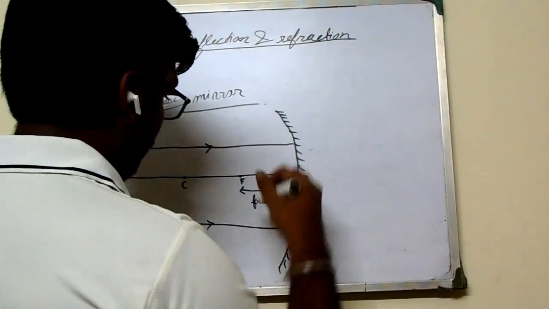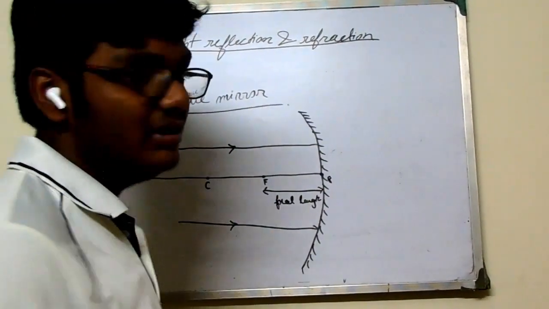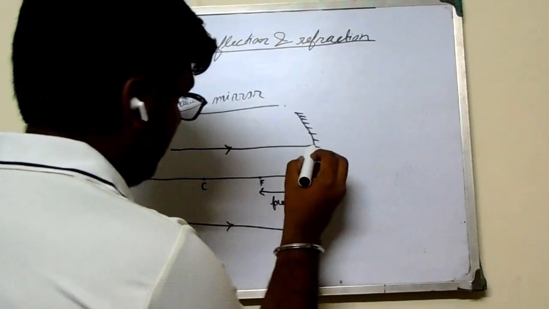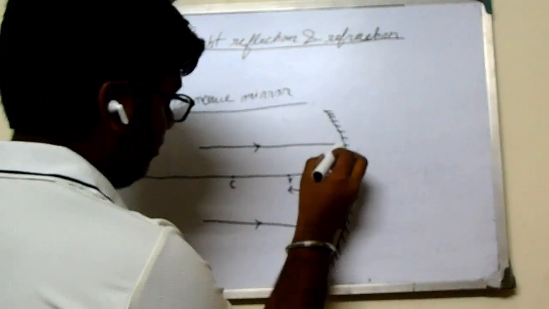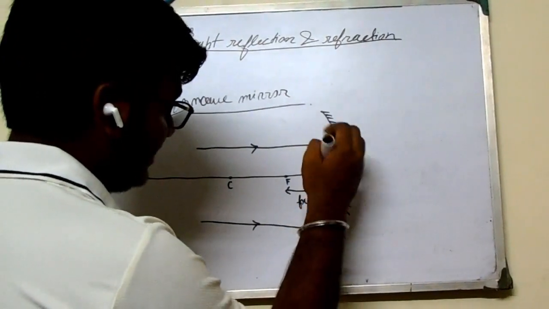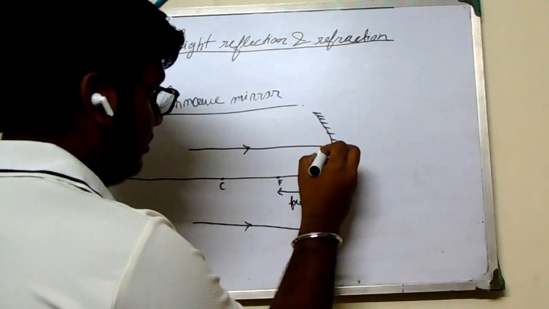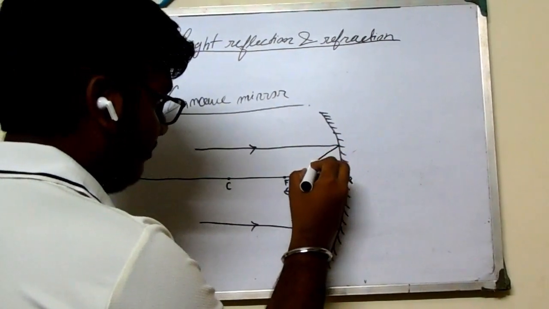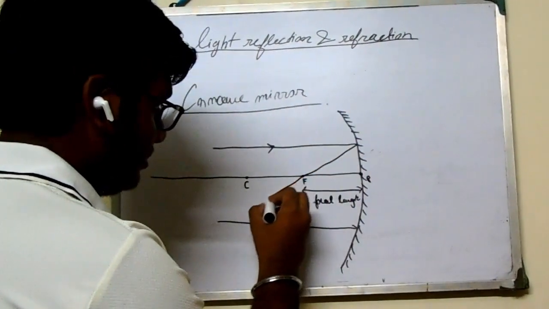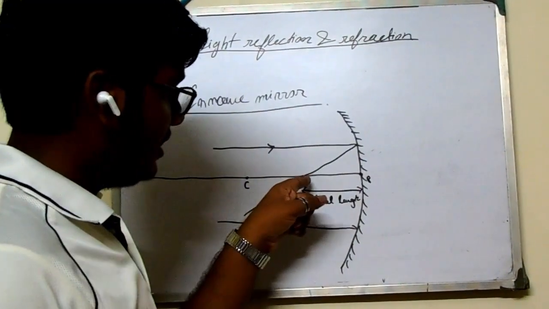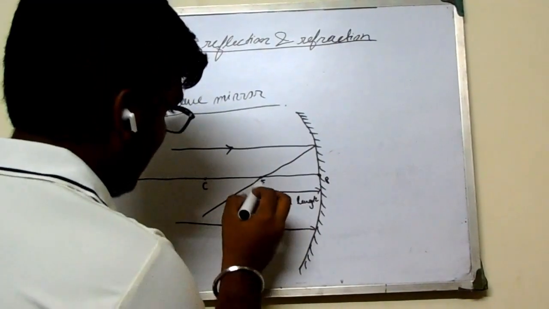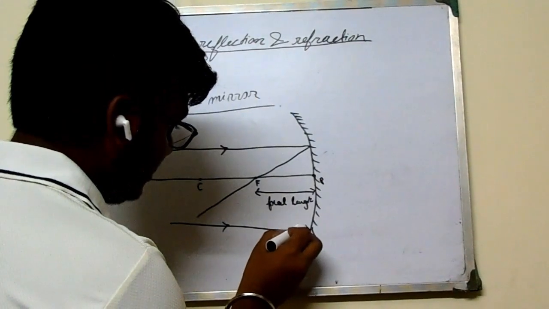So how will the rays reflect after hitting this, as it is curved? The ray will reflect to this. It will pass through this F, and from this way it is going.